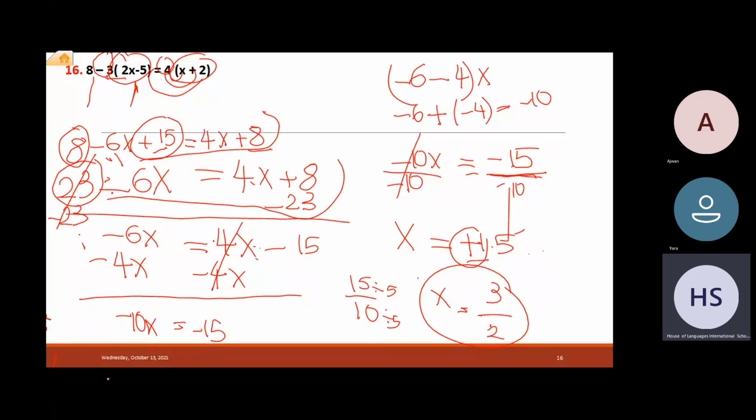You bring it here. Okay, that's okay. Yes, it's correct. I combine 8 and 15. Yeah. This is just to help you. Yes. Give me the paper.